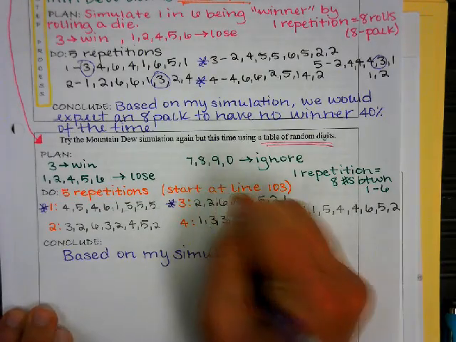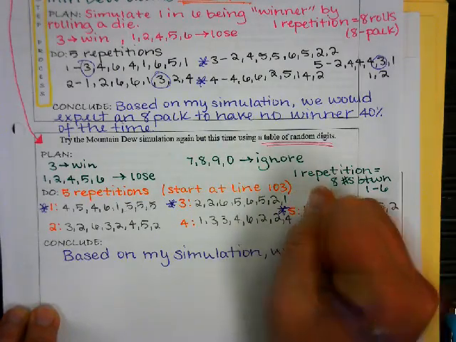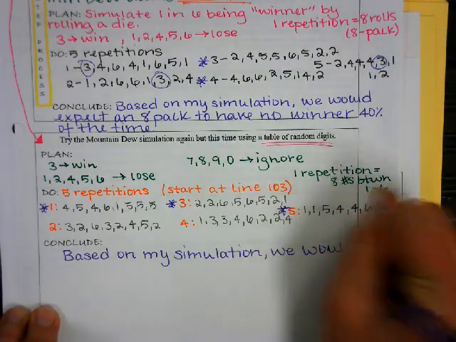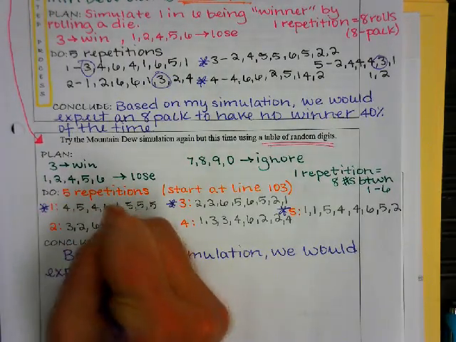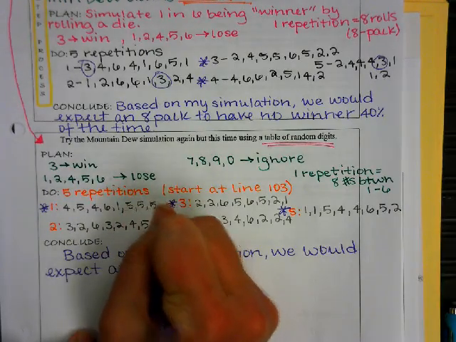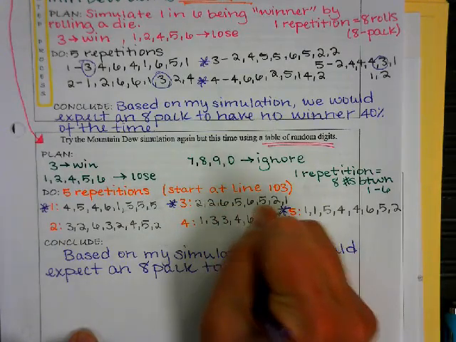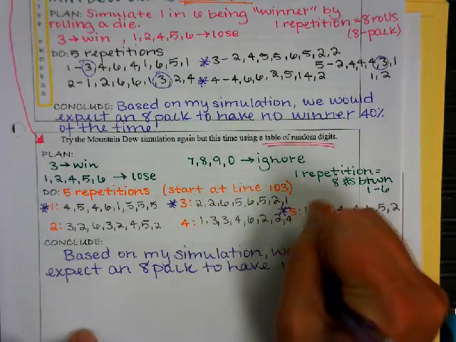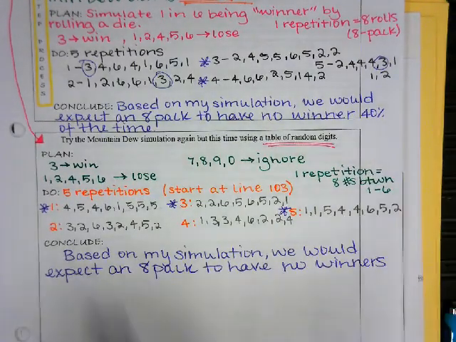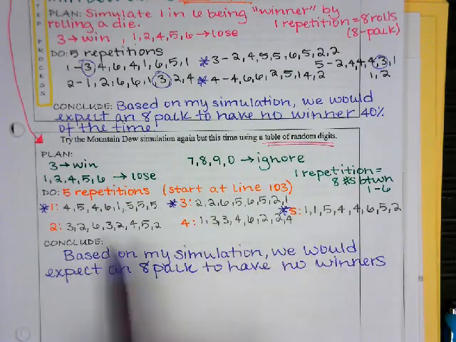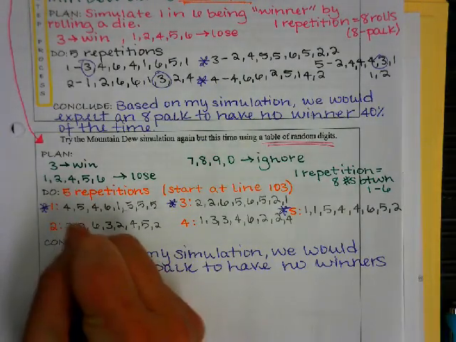So based on this simulation, we would expect an 8-pack to have no winners. We had 3 8-packs with no winners out of 5. 3 out of 5 is 60%. So we would say 60% of the time.